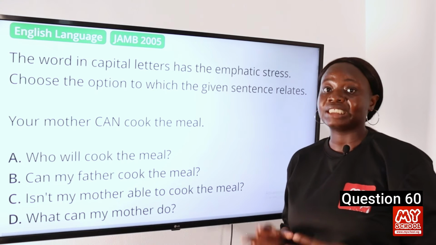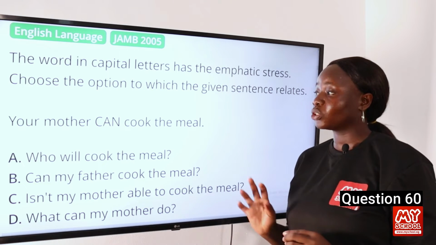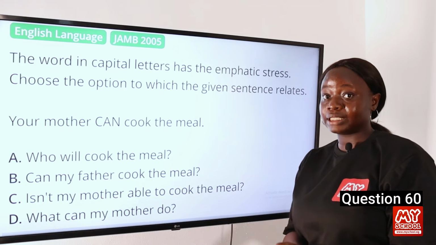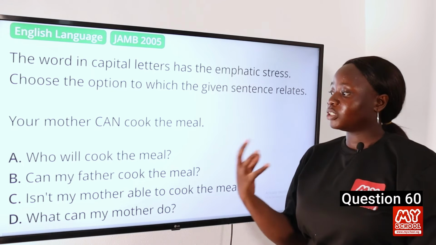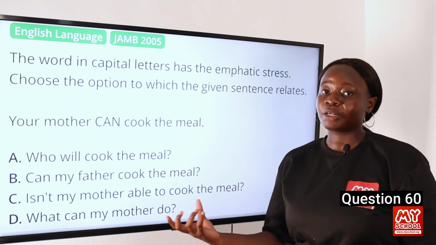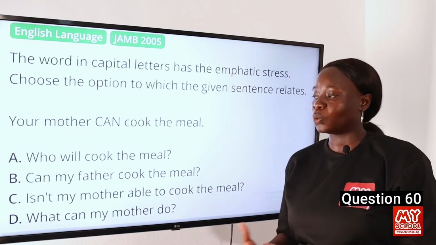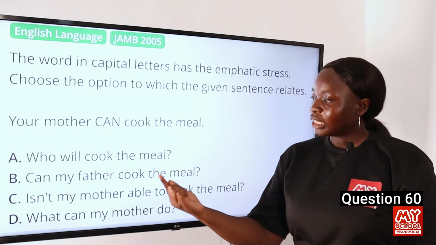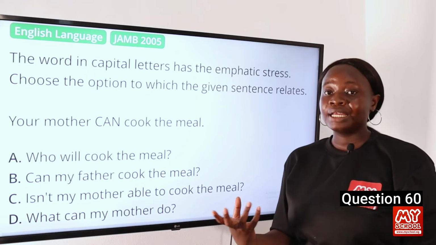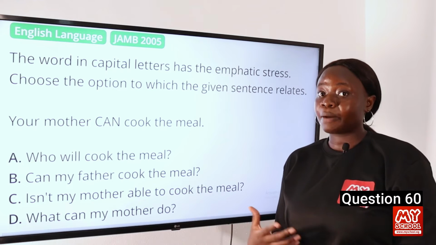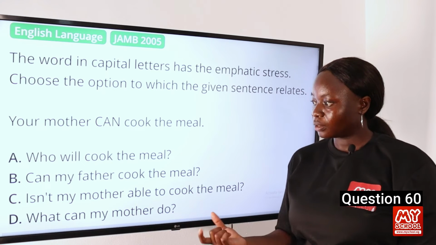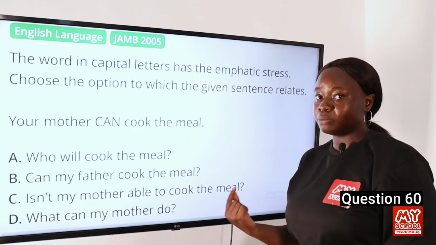Remember that emphatic stress is the placement of greater stress on a particular word in a sentence or utterance. The reason for that is to help correct a misapprehension made by the person who asked the question. So in this case, the person is wondering whether this person's mother has the capability to cook the meal. Isn't my mother able to cook the meal?